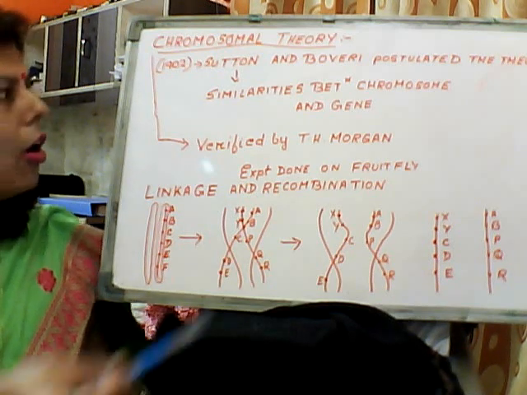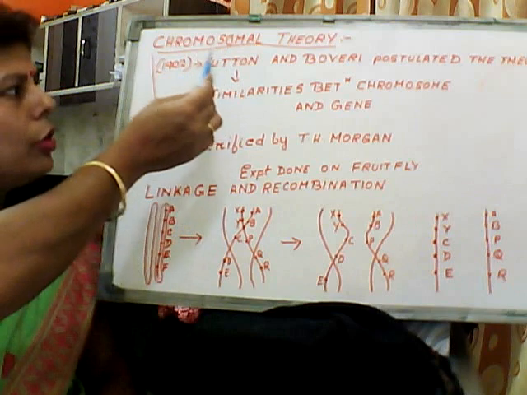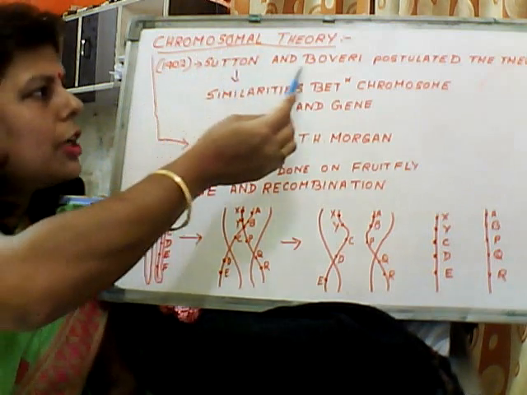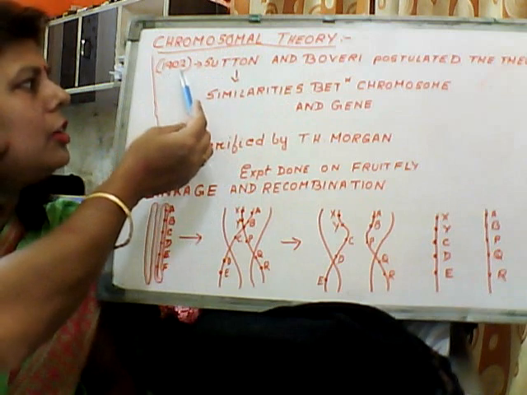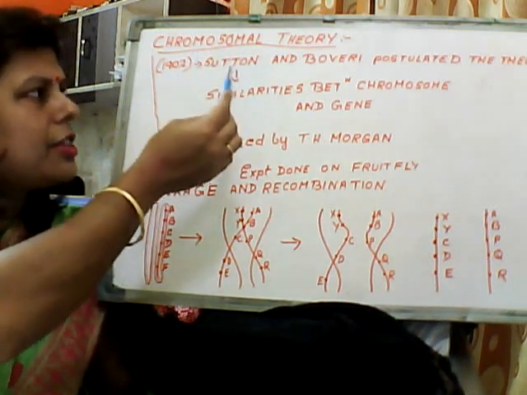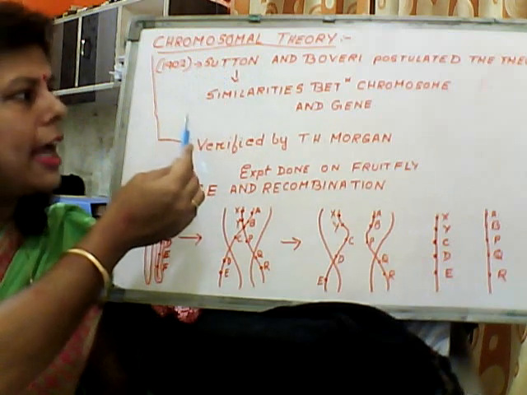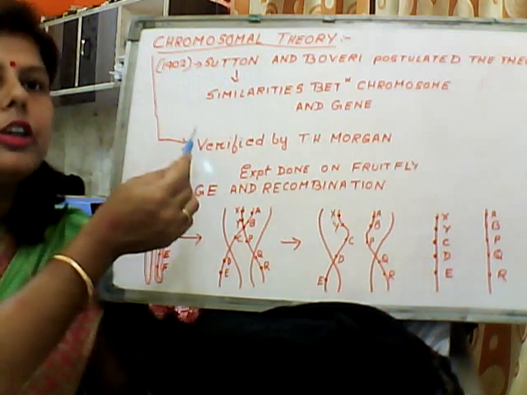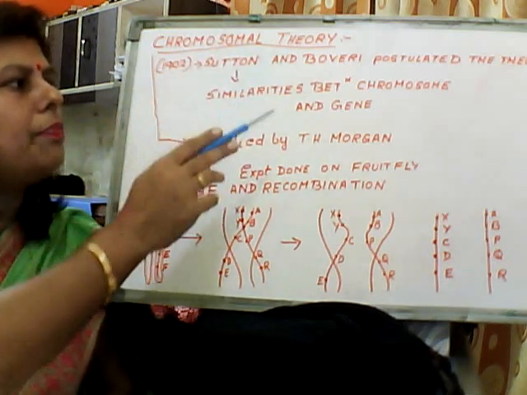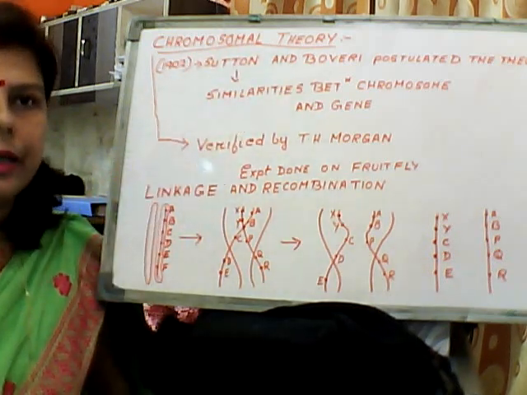Then later on, the chromosome theory was proposed by two persons, Sutton and Boveri, in 1902. While they studied the structures of the cell and the nucleus, they found many similarities between the chromosome and the gene.